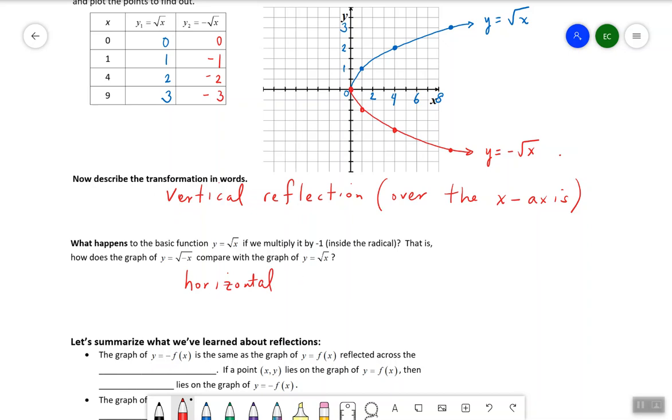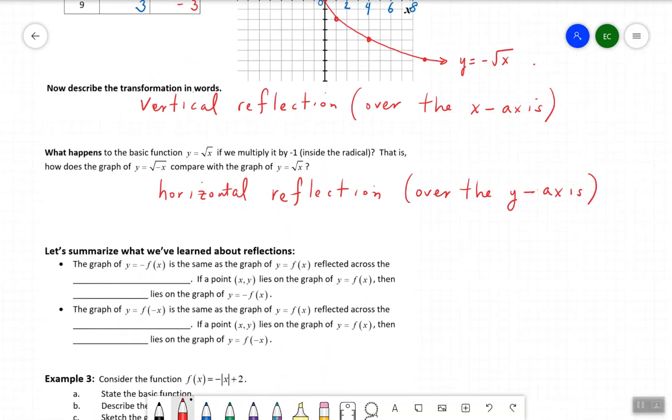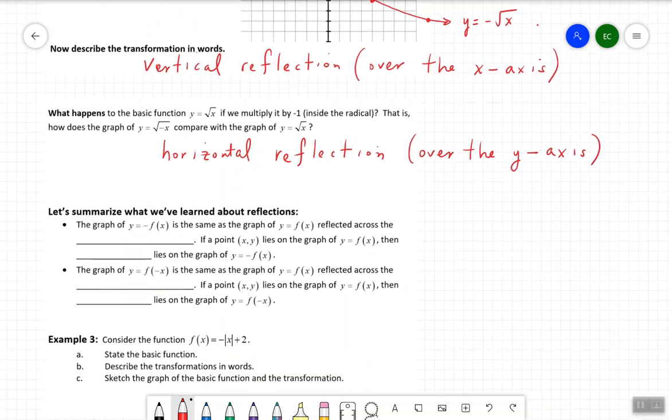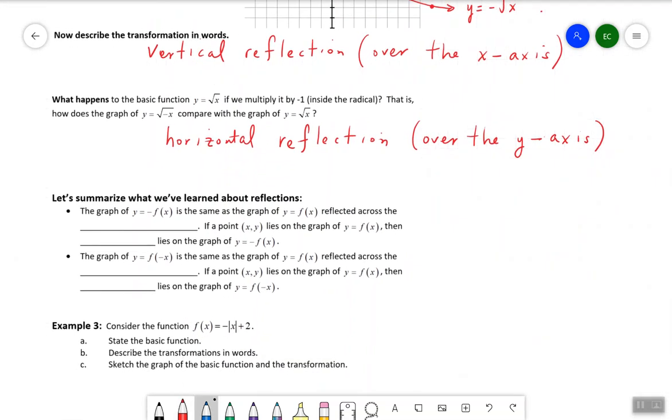Multiplication by -1 is a reflection. If you imagine reflecting horizontally, then you're going over the y-axis.